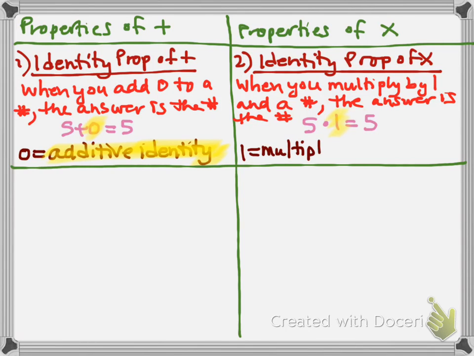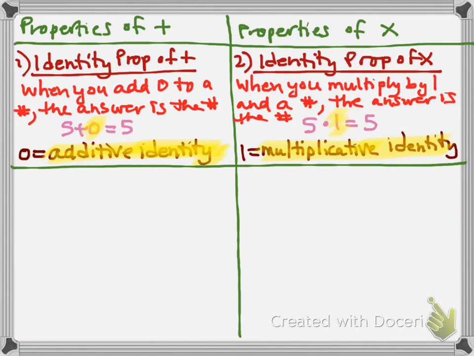Multiplicative identity. Multiplicative identity. And I'm going to highlight him because you got to know that word. So again, your book, probably when you grade your homework, is going to use multiplicative identity, but that is not the property's name. Okay, that only names 1 in this property. Okay, all right, so let's move on.